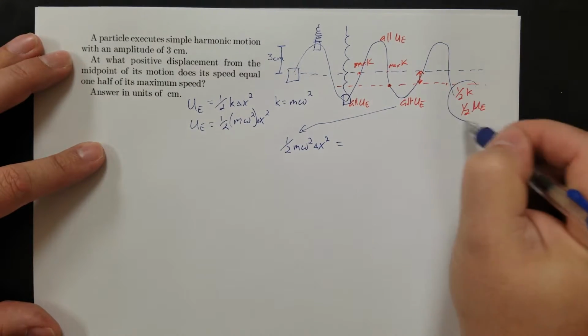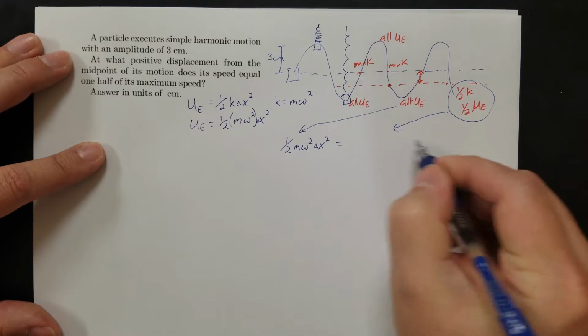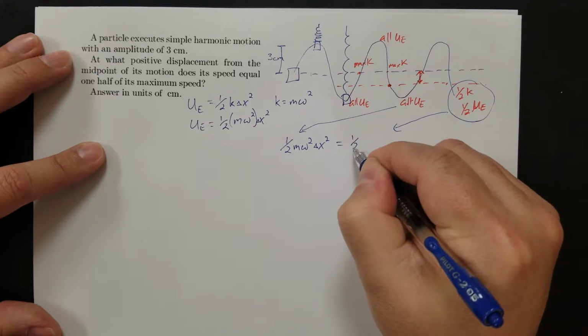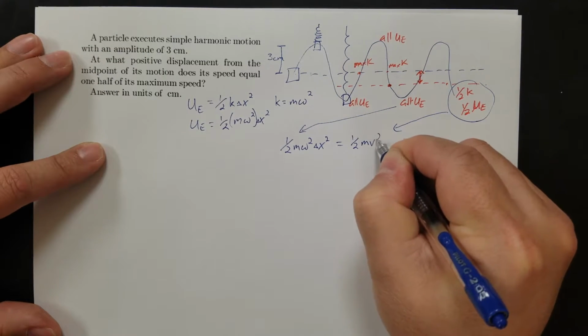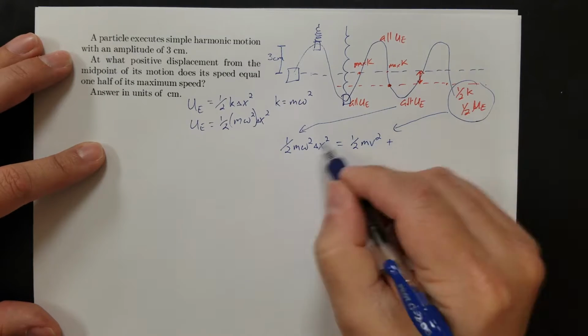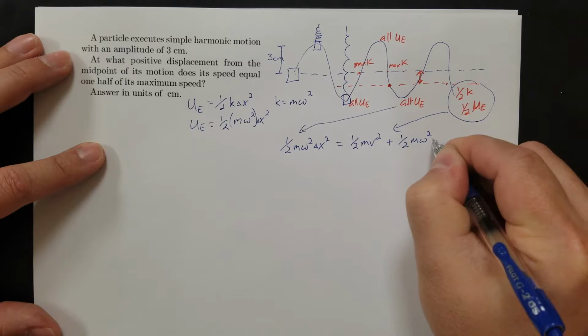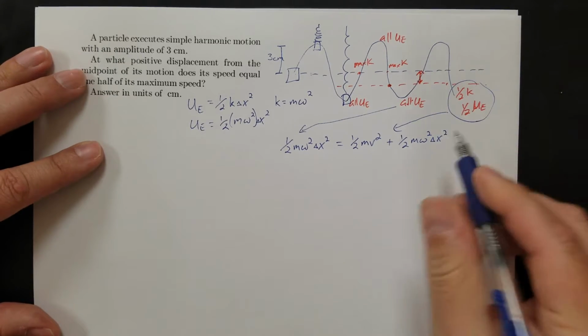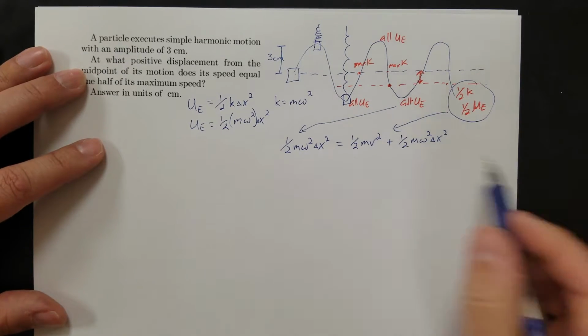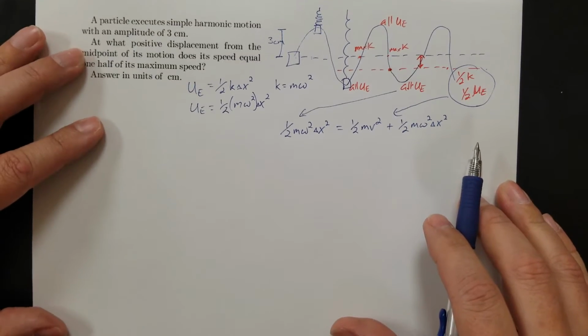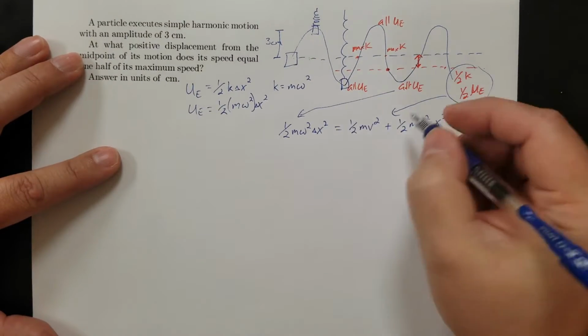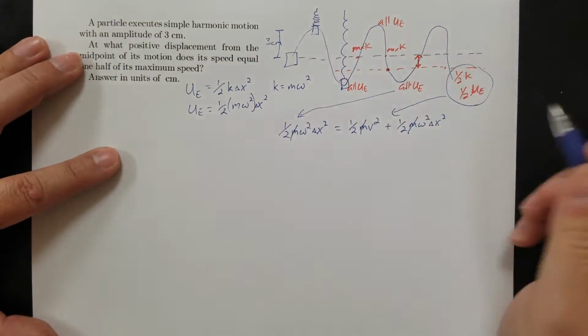And then over here, it's half and half. So it's half kinetic, which is 1/2 m v squared, and the other half is elastic, which is 1/2 m omega squared delta x squared. Okay, so now I have this. Let's do some simplification. All of these have m, so m goes away.